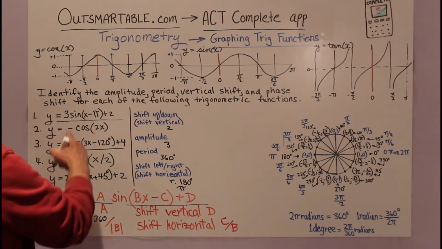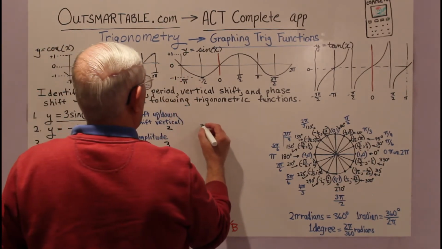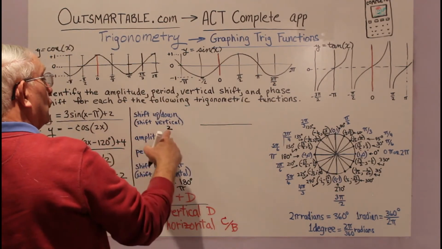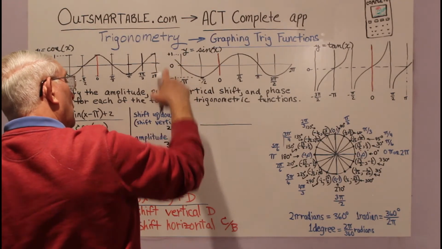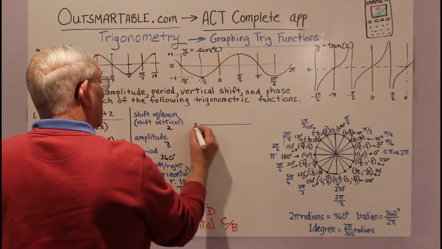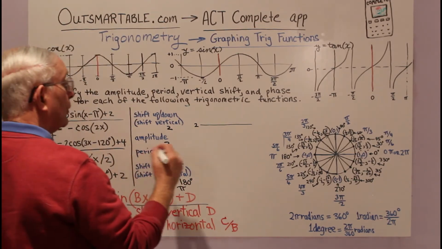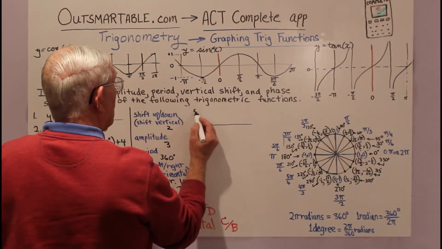Okay, well, the sine function normally has a midpoint at 0. The shift up or down, take that midpoint and shift it up or down, and the new midpoint becomes 2. The amplitude is a value that's equal to the distance from the midpoint to the maximum value.